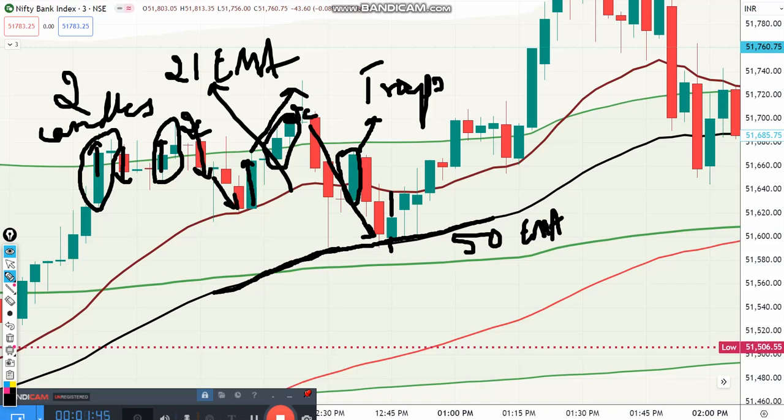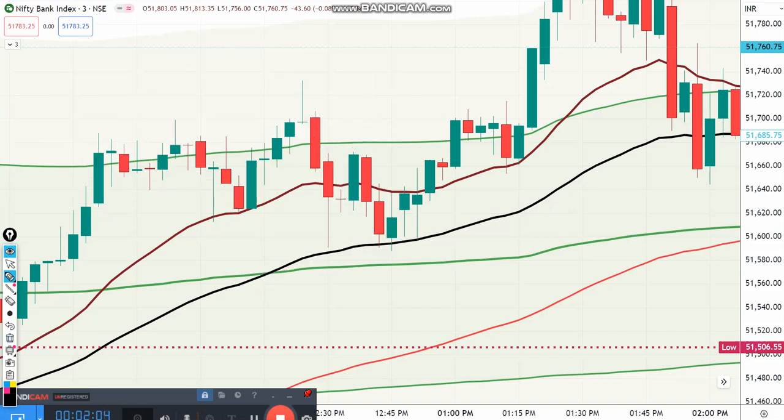So here, this is the first candle after the 50 EMA crossed the VWAP. Also this candle, though it is not a full body candle connecting both the 21 and 50 EMA, the market reversed for some time again.